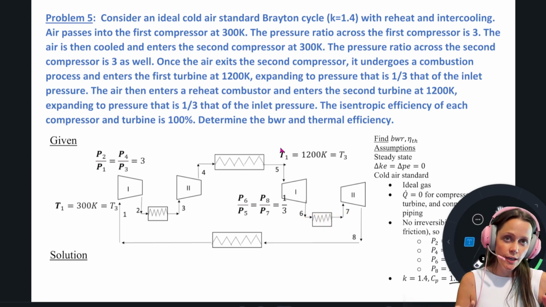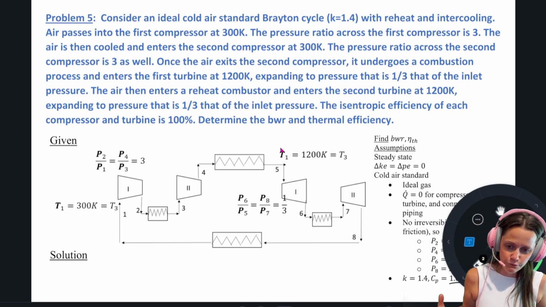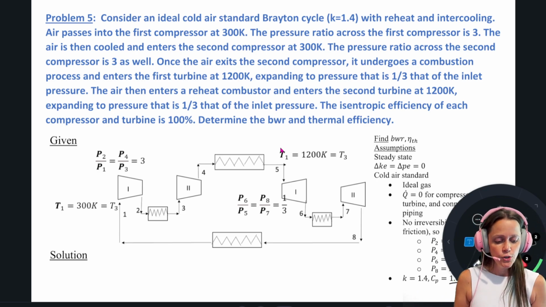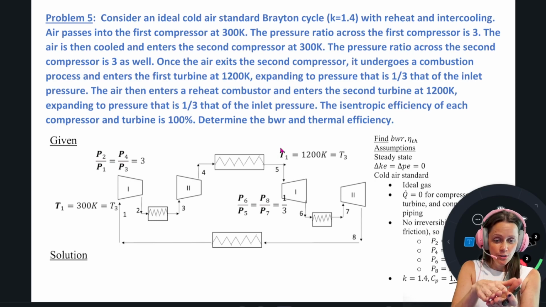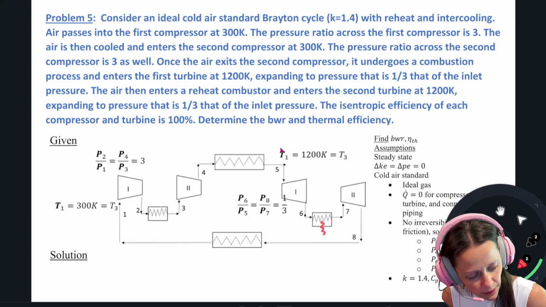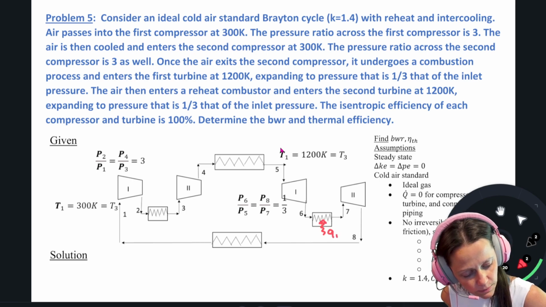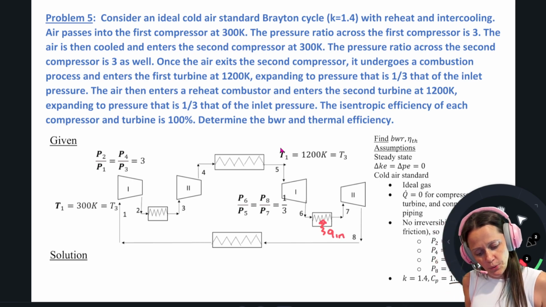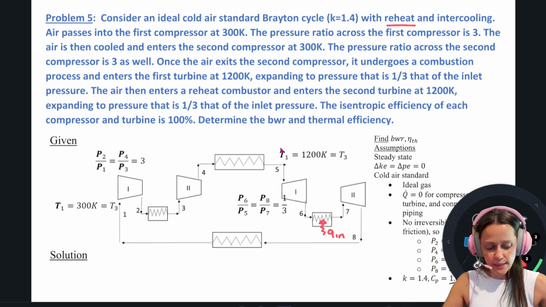So essentially, the way to remember is it a Q in or a Q out? I think of it as I'm fighting against what's happening. With the turbine, as you expand between 5 and 6, the pressure's going down and the temperature's going down. But I want to fight against that. I'm going to keep it up. I'm going to add a Q in. So that's my reheat stage.